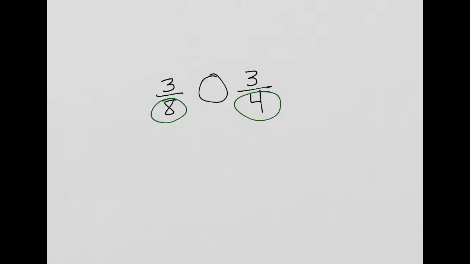Okay, so let's take a look at this one here first. And of course, I'm going to draw a cake because it's easy to cut that up, okay, into pieces. So I need to divide this into 8 pieces. So I'm going to draw one line down here, and then I'm going to draw 4 segments. Okay, so we have 1, 2, 3, 4, 5, 6, 7, 8. And somebody ate 3 of those pieces.